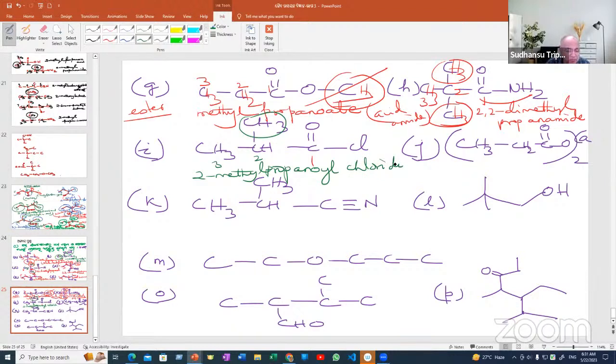One oyl, one is not written. It is understood that it is one oyl chloride. Simply propanoyl chloride, and it is acid chloride. The class is acid chloride or acid halide.